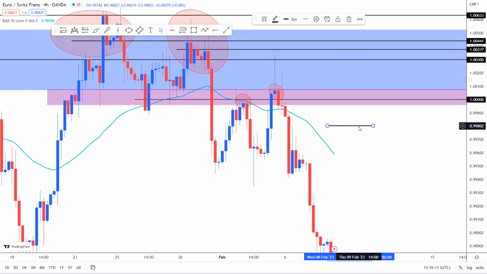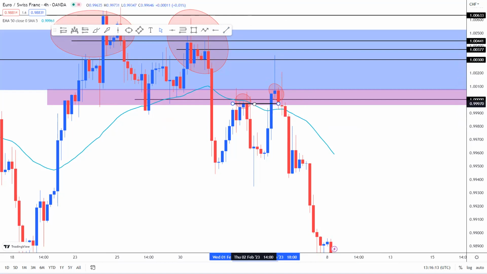And then I was a bit concerned about this previous 4-hourly close that printed as a kind of mini resistance right here.